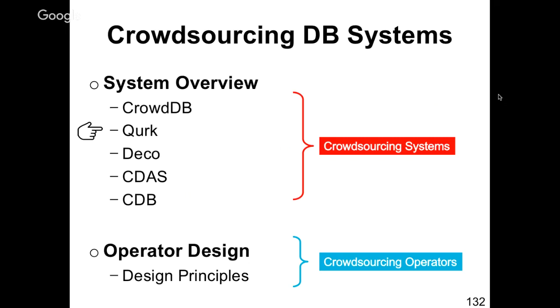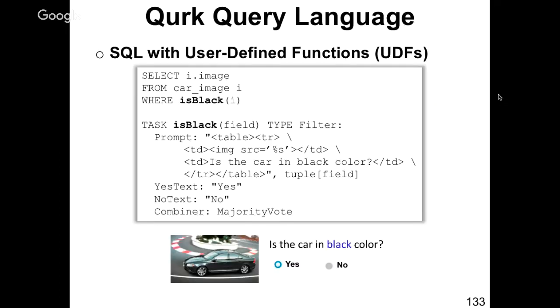The second system is Qurk, which is proposed by MIT. And we can see that Qurk's query language is also an extension of traditional SQL, but a slight difference in implementation is that it tries to use UDFs, user-defined functions, to incorporate the question, the answer candidates, or the majority voting for answer aggregation, as implementation details.